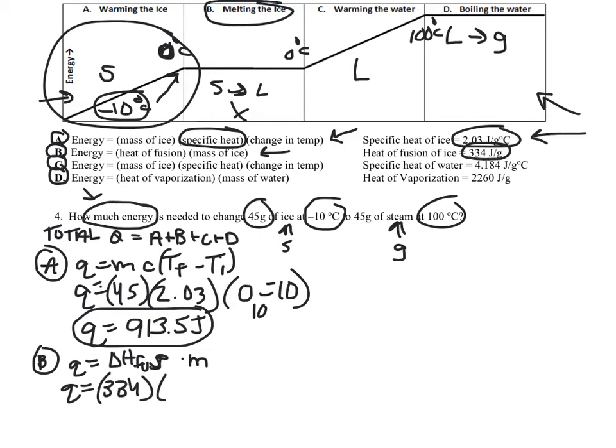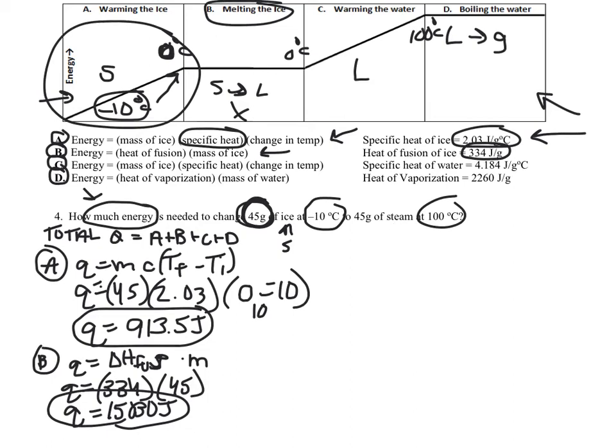And the mass is going to be the same. It's 45 grams. And when I multiply that out, 334 times 45, I end up getting 15,030 joules of energy. All right, perfect. I've got A and B. I just need to keep going to get C and D.